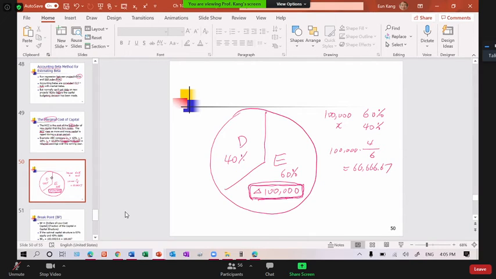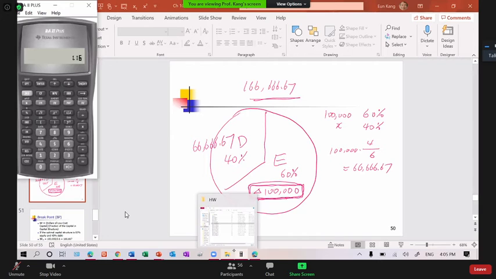If you have 66,666.67 in debt, then the total will be, ignoring the previous dollars, 166,666.67. Then 66,666.67 divided by 166,666.67 is 40%. So we maintain this 40%, right?